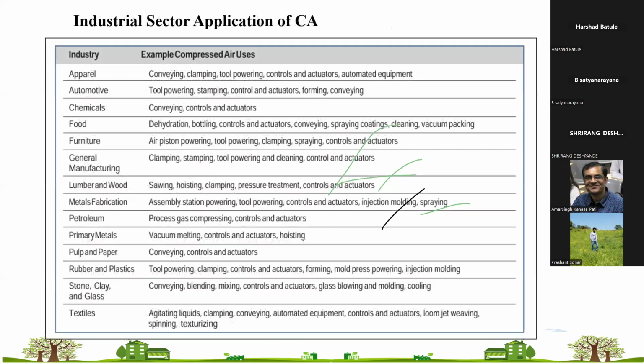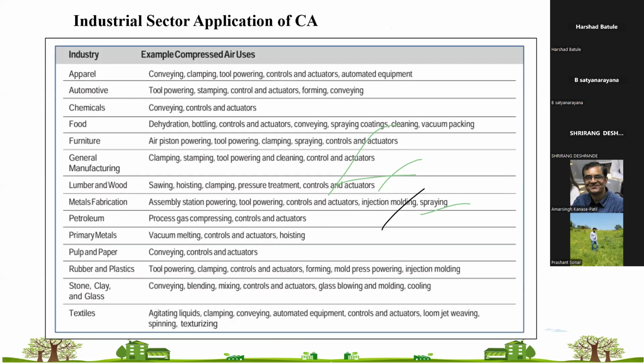These are the industry-wide applications of air compressors. Whenever you are looking at the apparel industry or cotton industry, we'll see that there are multiple conveyors, clamping and tool powering, which can use air compressors. Then in the automotive industry, it is used in tool powering.